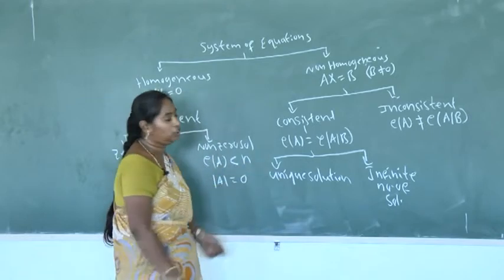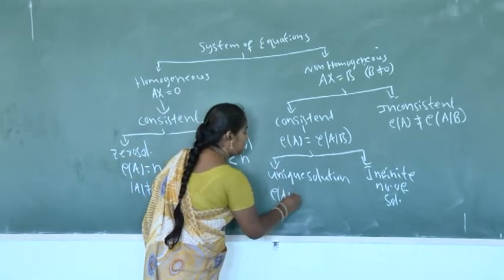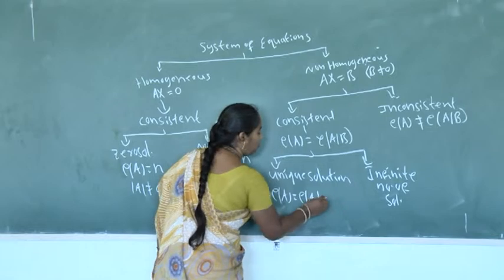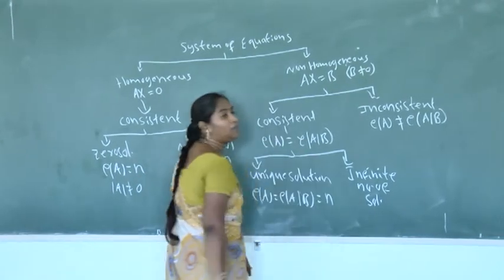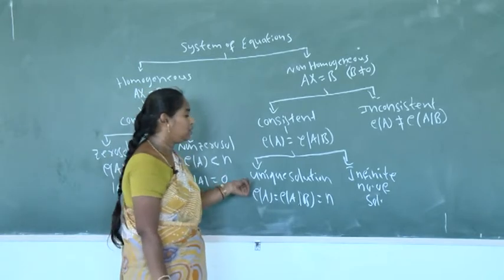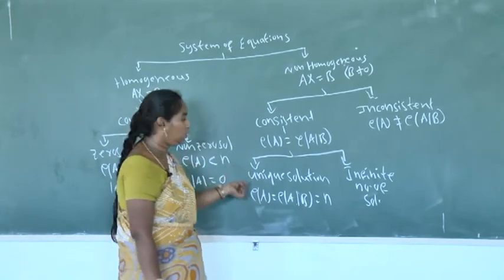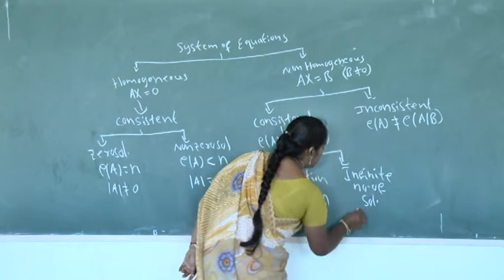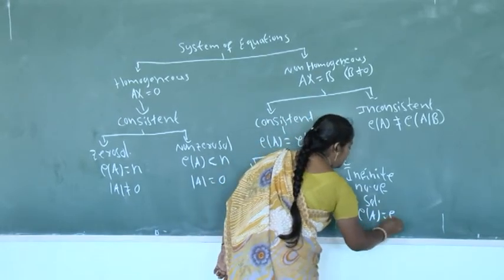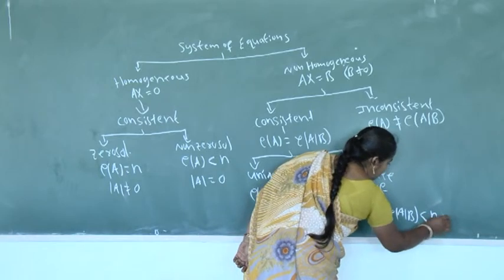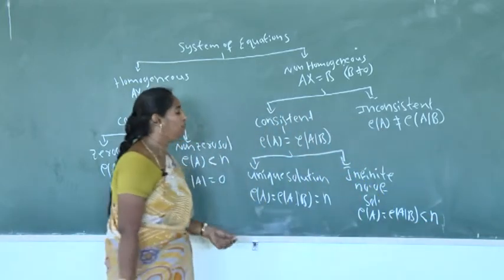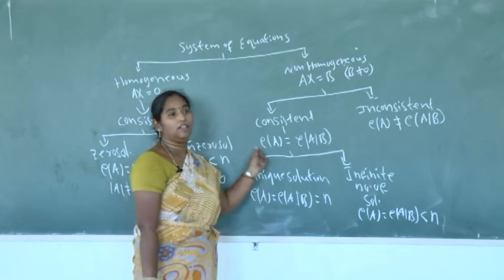The system will have a unique solution when the rank of A is equal to the rank of A over B, which is equal to n, the number of variables in the given system. There are infinite solutions when the rank of A is equal to the rank of A over B, which is less than n, the number of variables in the given system.